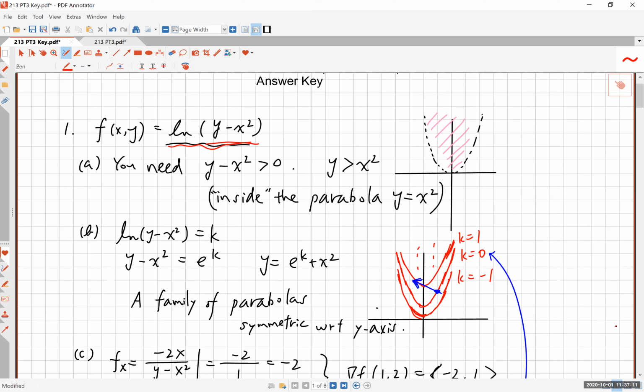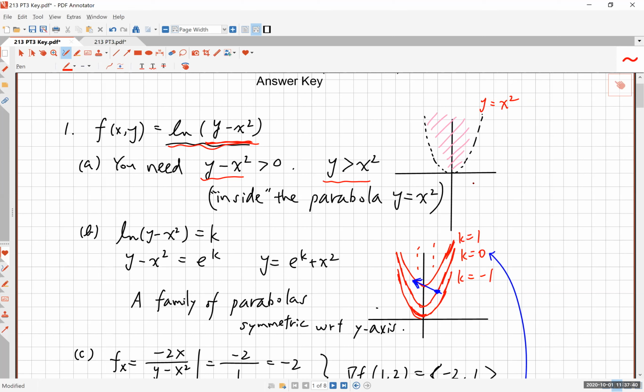So what is the domain in this case? Well, because the natural log only takes positive arguments, you have to make sure that y minus x squared is positive, not even 0. Okay, it has to be positive. So simply, y is greater than x squared. And so y equal to x squared, of course, is the parabola. And so if y is greater, then that would be all the points inside the parabola. All right.